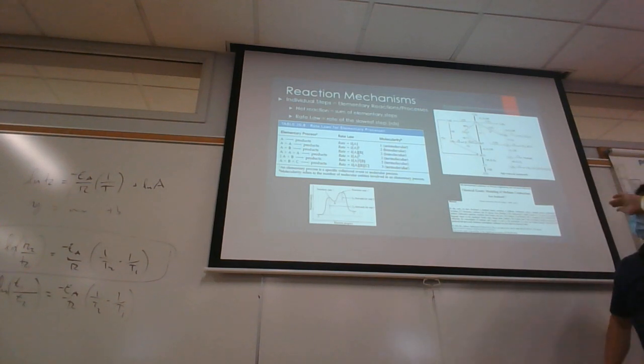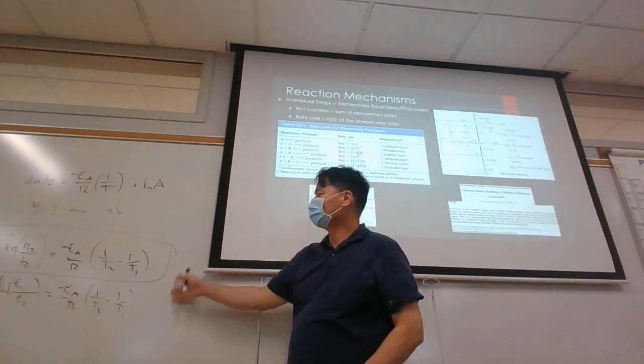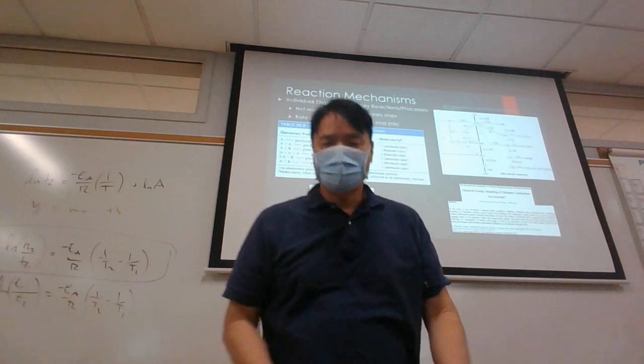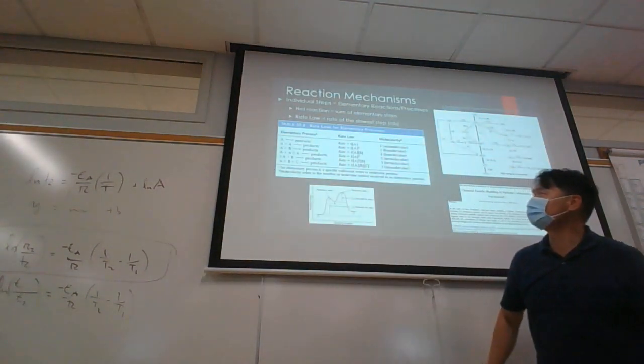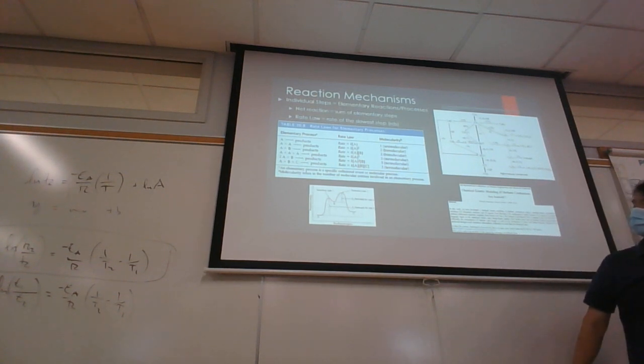All right, so what we're going to do, this is still somewhat empirical slash a little bit theoretical, because the Arrhenius equation does come from the Maxwell-Boltzmann thermal energy distribution and the activation energy.